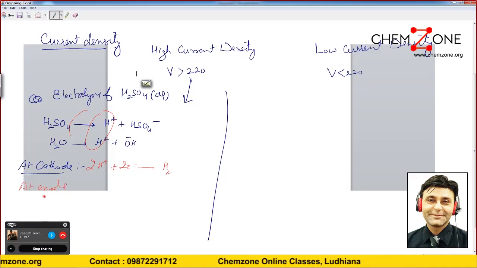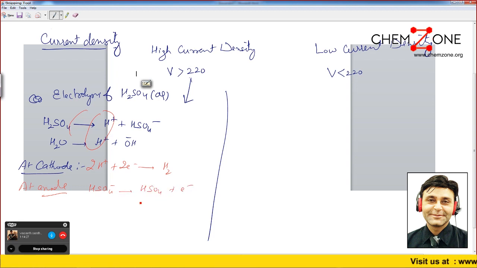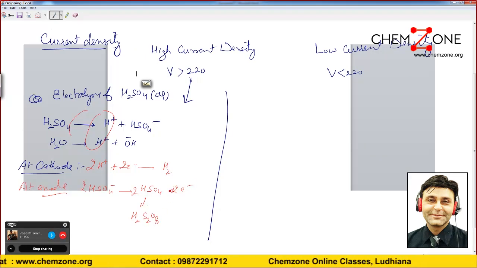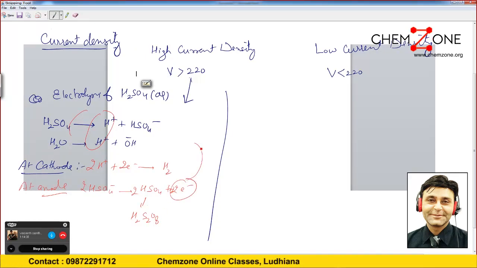Where are those 2 electrons coming from? Now the HSO4 negative ion loses electron, and two such HSO4 give 2 electrons, and they form H2S2O8, and the electron lost by this one is gained by this one.